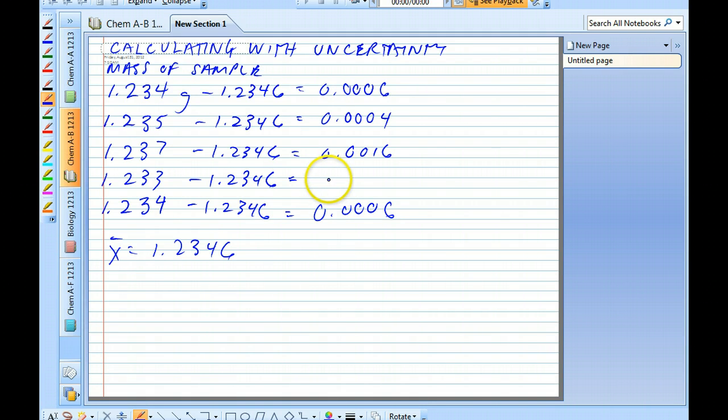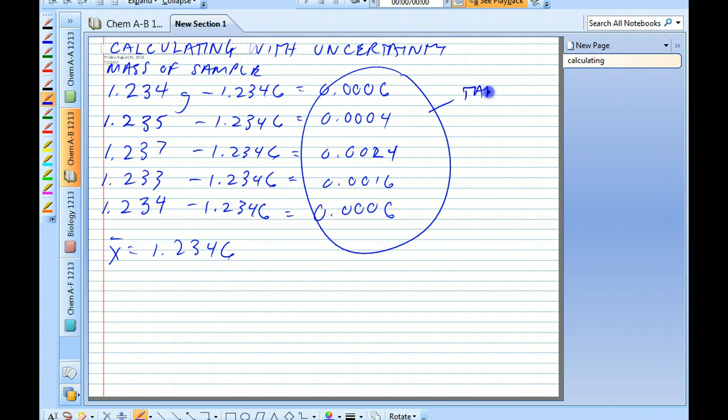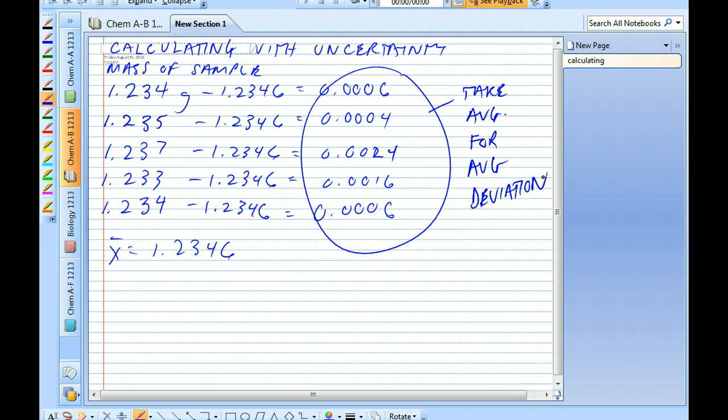Sorry, I messed this up. This is 6, and this one is 2.4. Take the average of these, for the average deviation. So if I wanted to use the maximum deviation, I would take the largest one, and my uncertainty would be 0.002.